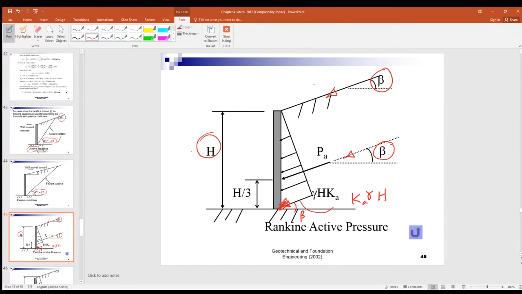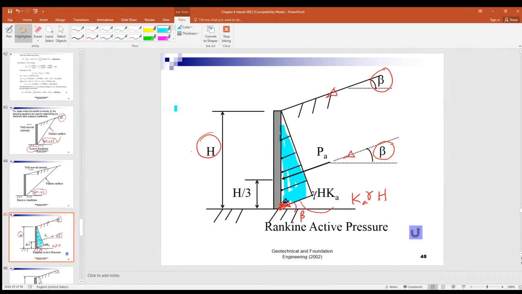And for this pressure diagram, the triangular pressure distribution, again the centroid is equal to 1/3 of the height about the bottom of the wall, because this is still a triangle, right?